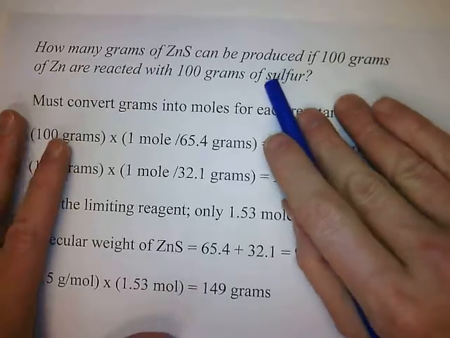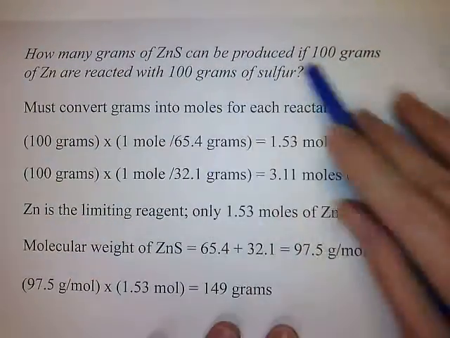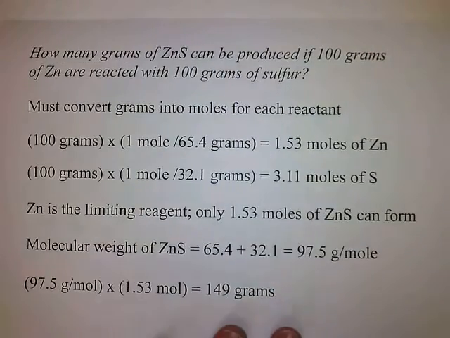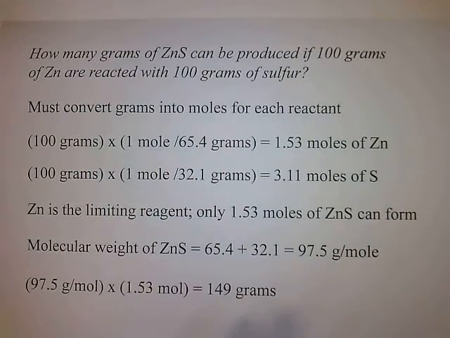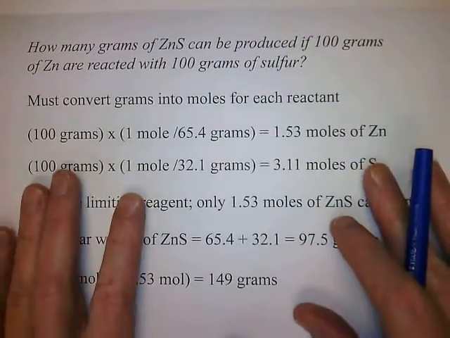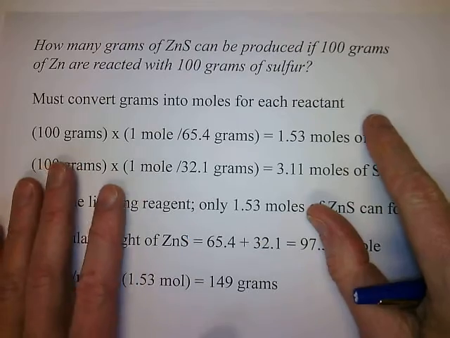So here's just the question restated, so I've got it all on one page. If you have 100 grams of zinc and 100 grams of sulfur, how many grams of zinc sulfide can you produce? So we have to convert each of these into a number of moles, right? You guys know how to do that. We're going to convert grams into moles. You divide by the molar mass.